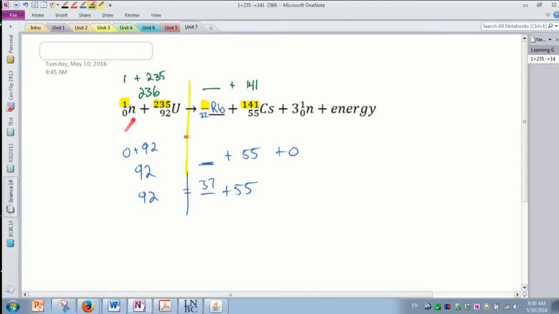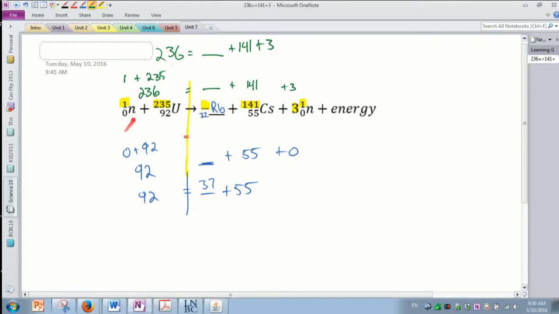And then I'm going to add to that, and this is where it gets a little bit tricky. I have 3 of whatever's here. So that's actually a 3. So 236 is equal to something plus 141 plus 3. So if I just write it up here because I'm running out of room, 236 is equal to something plus 141 plus 3.